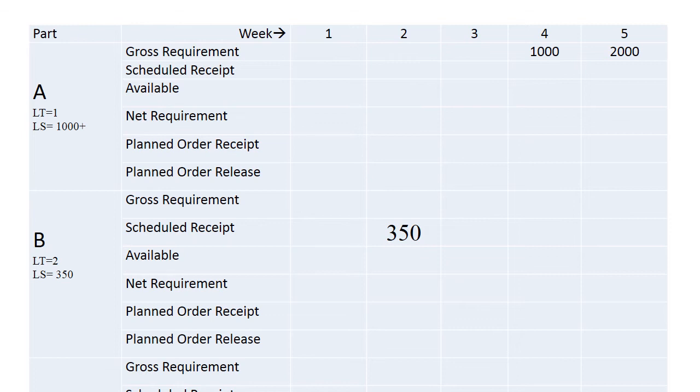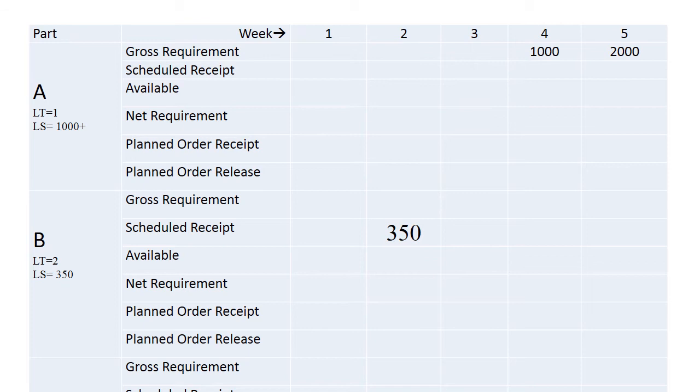Now let's go back to item A, and the starting point for that is your master production schedule. If you remember, you need 1,000 of A in week 4 and 2,000 in week 5. That's the finished good, the end item.